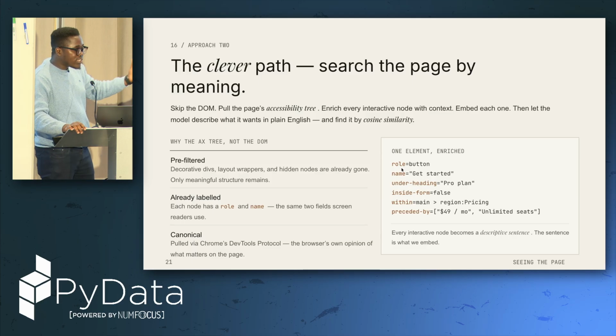This is the context behind this button. This is the context behind this screenshot. This is the context behind this link. We did some sort of embedding for that accessibility tree, and then we pass that to the LLM.